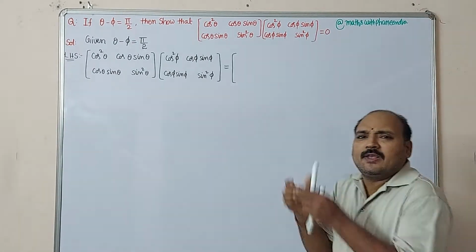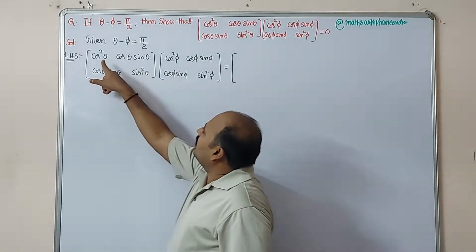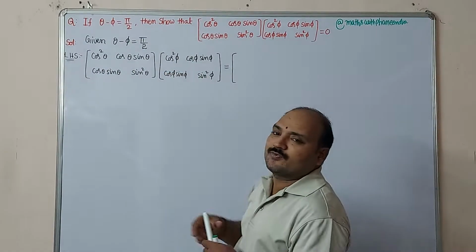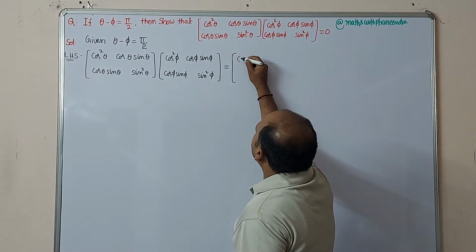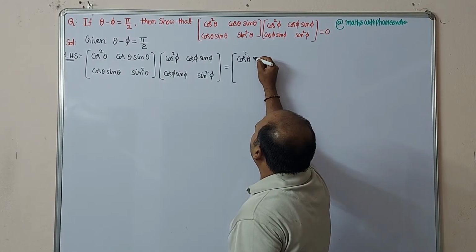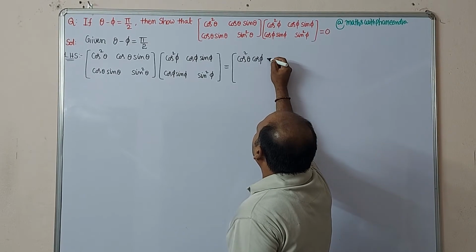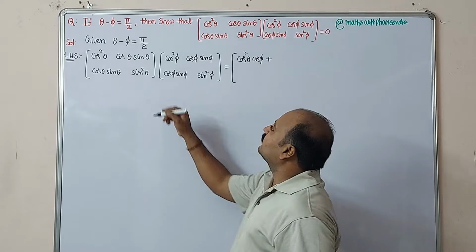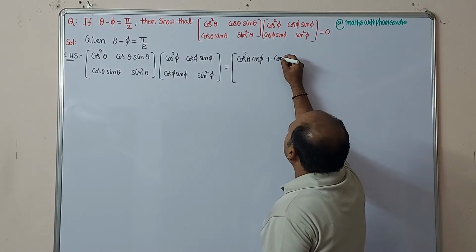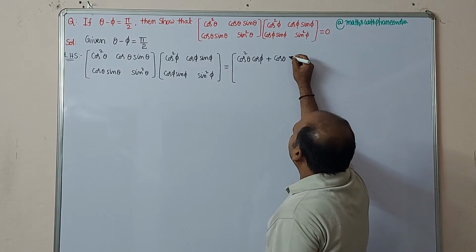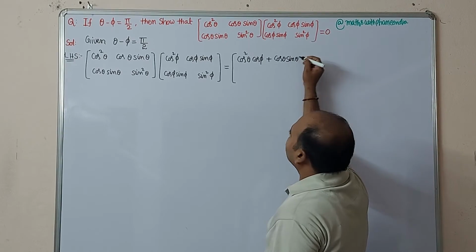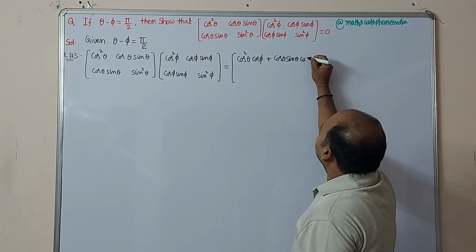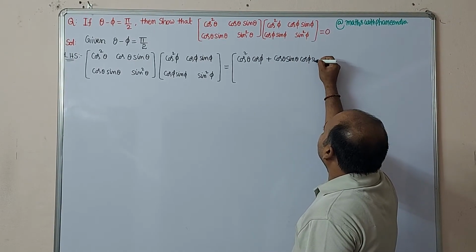So actual multiplication like the previous problem: cos square theta into cos square phi, plus cos theta sin theta into cos phi sin phi, cos theta sin theta cos phi sin phi.